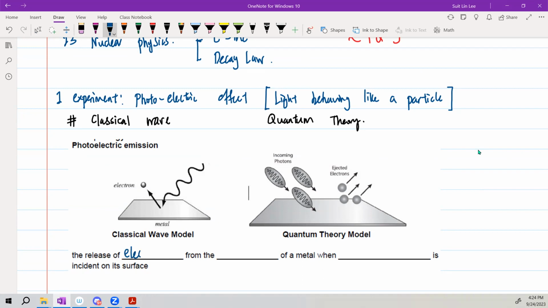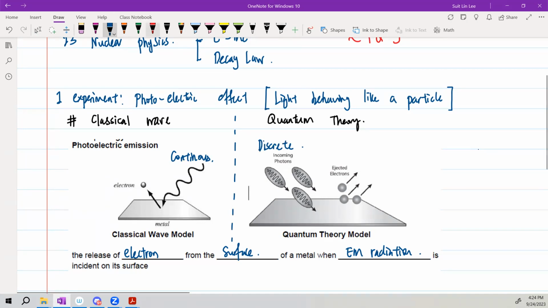So photoelectric emission is the release of an electron from the surface of a metal when light or electromagnetic radiation is incident on it. Okay, so there are two ways to look at the light. You can look at the light as continuous, which is the classical wave theory, or you can look at the light as discrete.